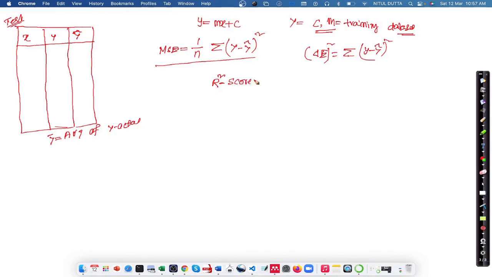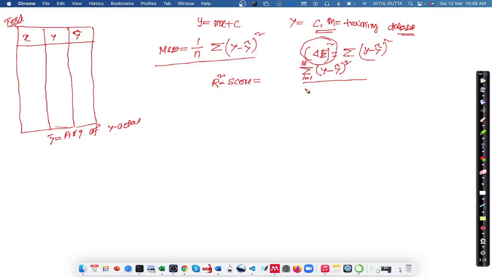This is calculated as follows: first of all, we calculate the sum of this component, y minus y hat whole square, for all values from i equals 1 to m, where m is the total number of elements in the testing data set.